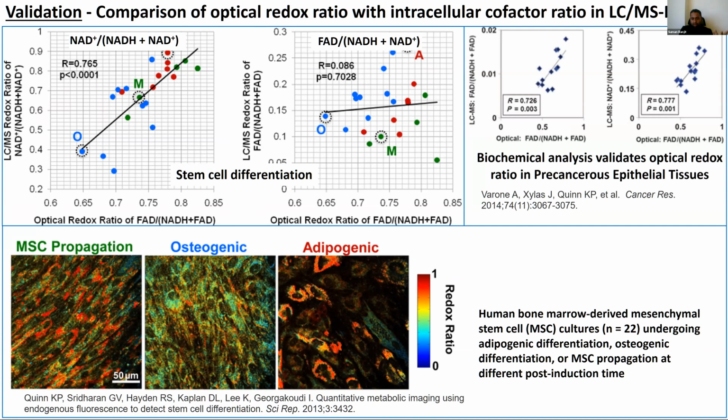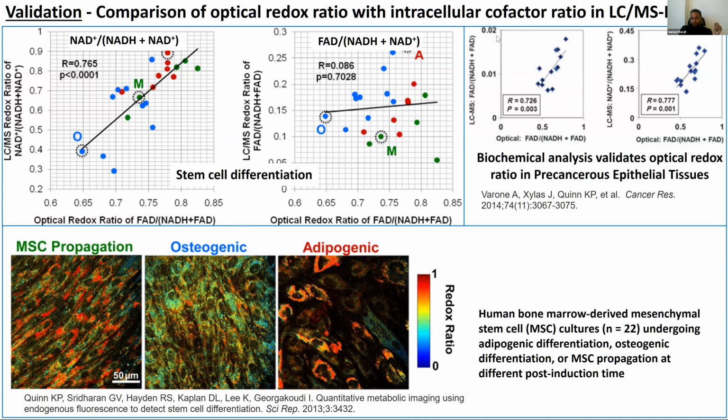Another experiment to look at is also looking at precancerous epithelial tissues. So all of these measurements have expanded a lot more in cancer research because of the difference in the metabolic changes happening in the cancer cells compared to normal cells, going into the Warburg effect. So that's the reason that it has been expanded there more, because it's a larger differentiation.